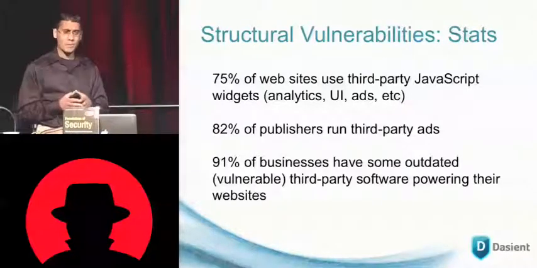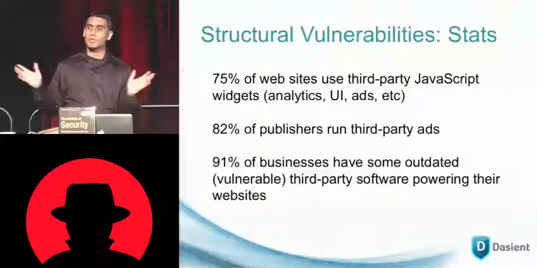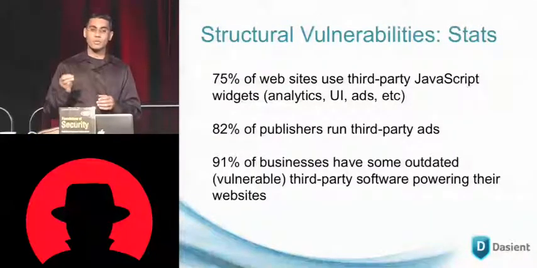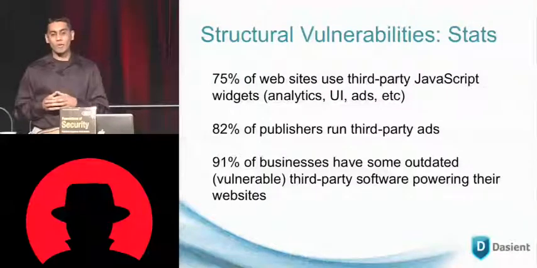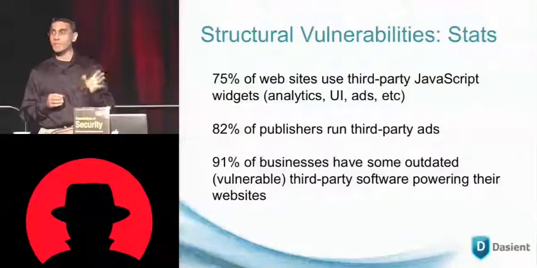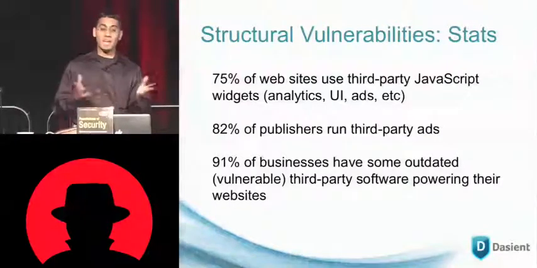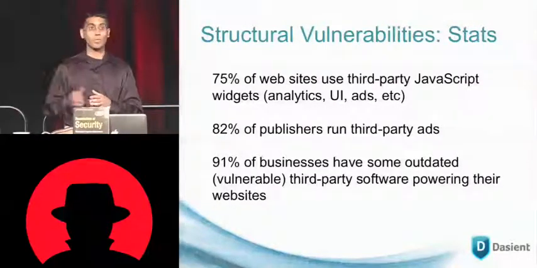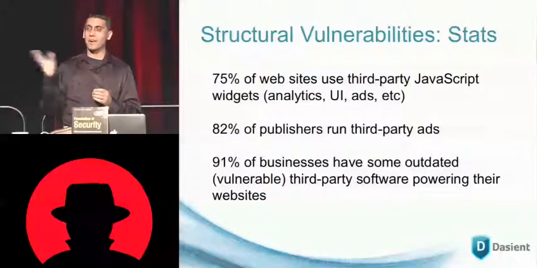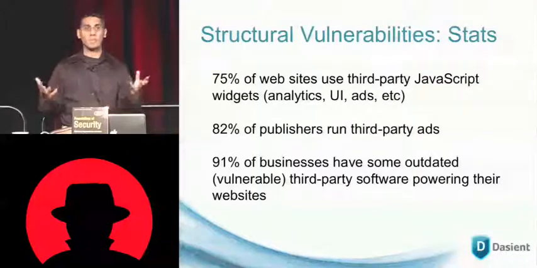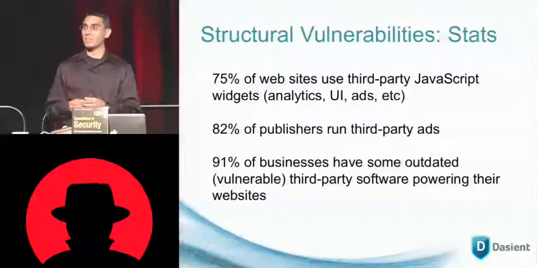So one of the things that we had found is that 3/4 of the sites on the internet use some form of third-party JavaScript widget. And of course, that can result in a structural vulnerability for the website. We had also looked at external advertisements, and we found that 82% of publishers run third-party ads on their website. So that was interesting. We also found that on average, a website on the internet has a 41% likelihood of running some kind of third-party ad.